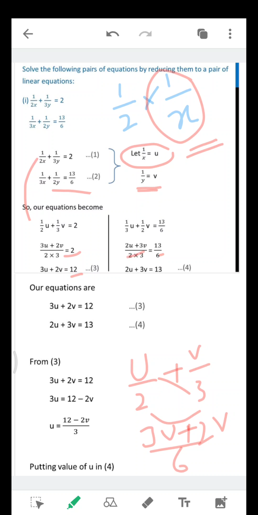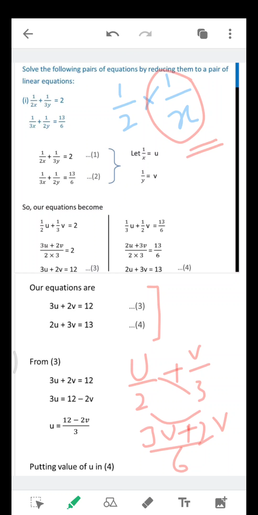Now the equations which we got are 3u plus 2v is equal to 12 and 2u plus 3v is equal to 13. We should convert them in this form only when the variables are in the denominator. You should reduce them to a pair of linear equations like this.